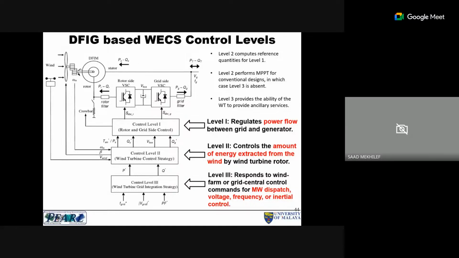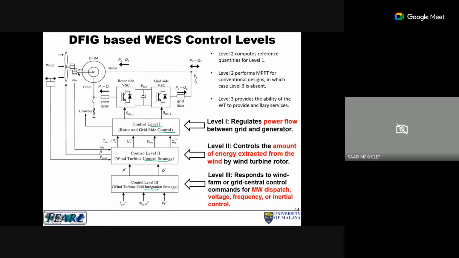In this case we have 3 levels of control. Control level 1 is the rotor and grid side control. Level 2 is the wind turbine control strategy, and level 3 is the wind turbine grid integration strategy.